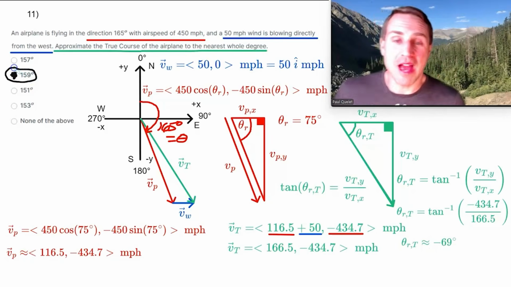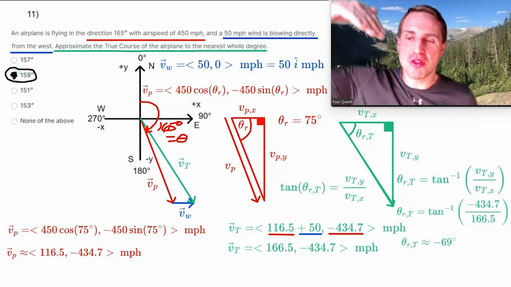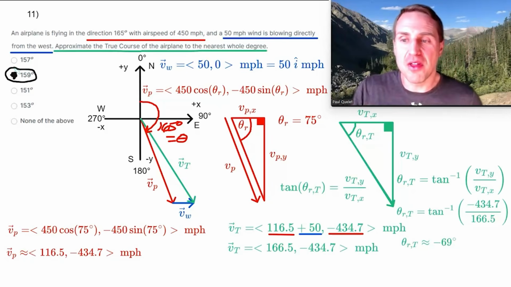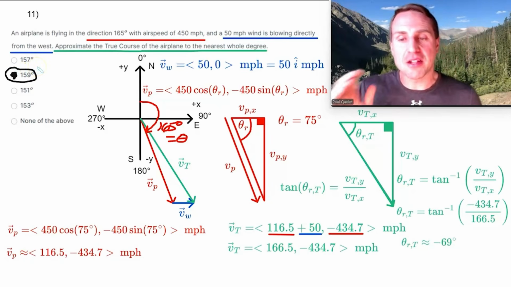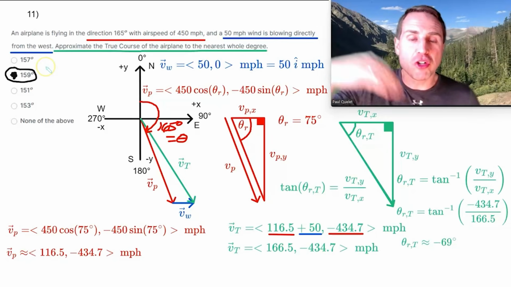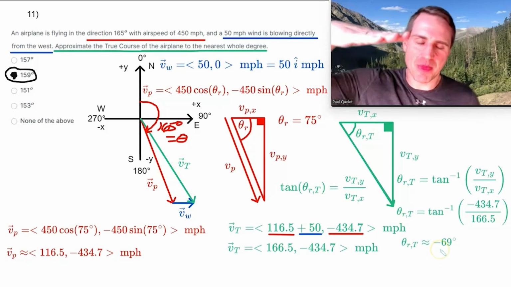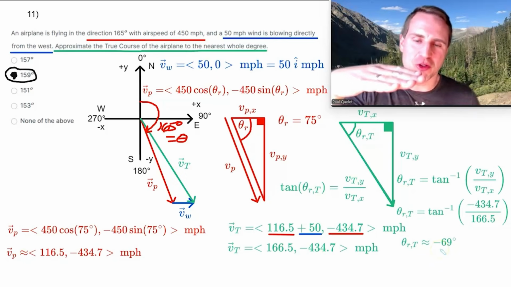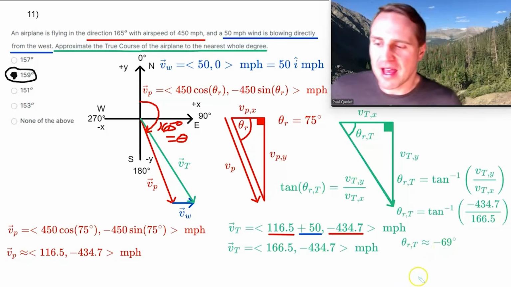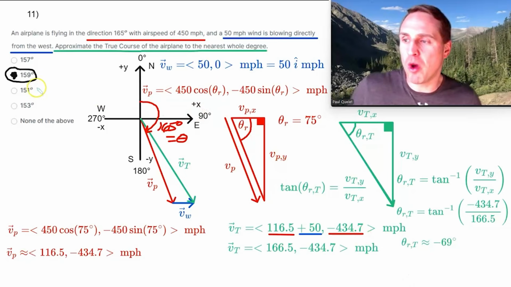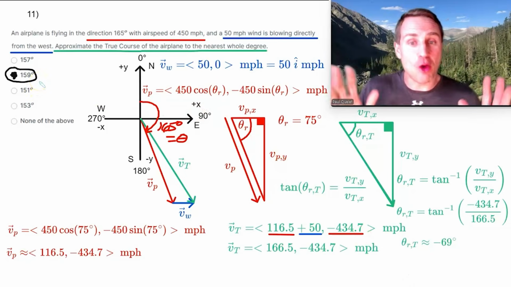So now we have the correct answer. We know that the heading of the plane, as a result of its velocity in still air and the wind itself, is going to give a total heading, VT, at about negative 69 degrees rotated from the eastward direction, but that's a total heading of about 159 degrees. Okay, hope that makes sense.